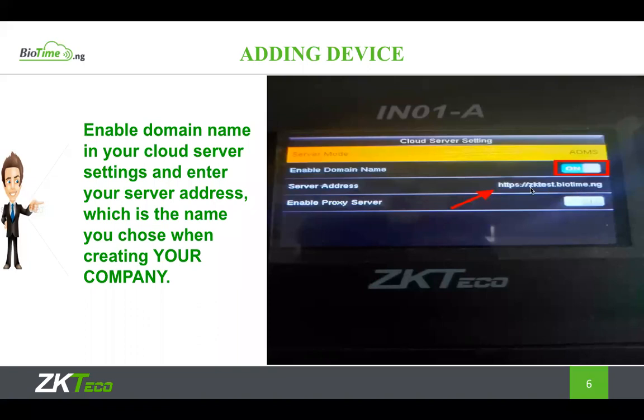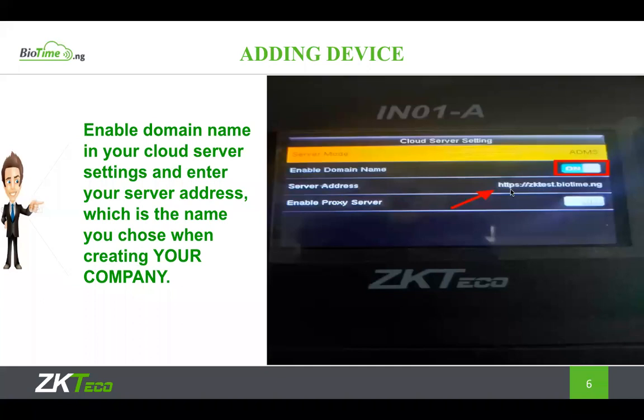So ZKTest is a subdomain to the biotime.ng domain. It means whenever you create any company, your company becomes a subdomain to the biotime.ng domain, which is BioTime Africa. Are we clear on that?